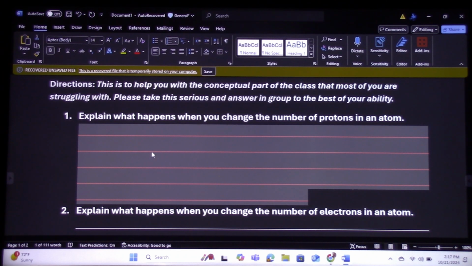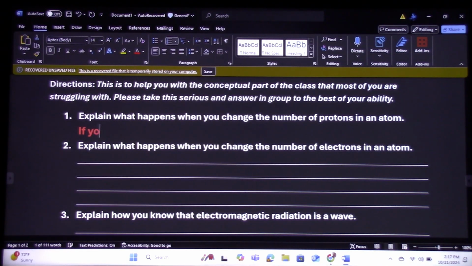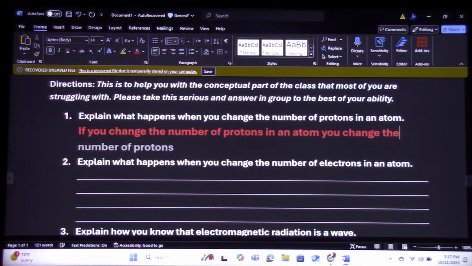So looking at this first question, explain what happens when you change the number of protons in an atom. If you change the number of protons in an atom, you change the element. The reason for this is that each element has a certain number of protons in it.